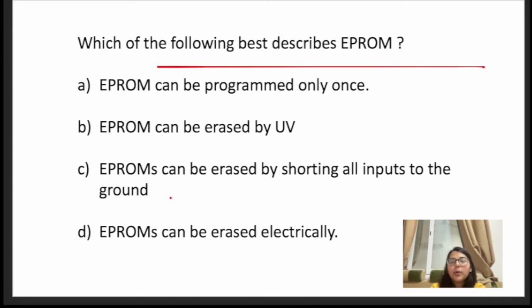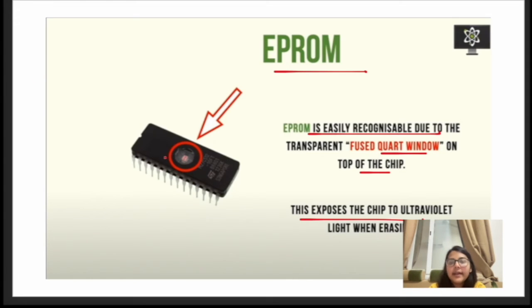Which is more appropriate for EPROM, students? Erasable programmable read-only memory. Yes, this is EPROM. That is, we can erase the data from EPROM with the help of an ultraviolet system. Here also you can see they are using the ultraviolet system for removing the data.